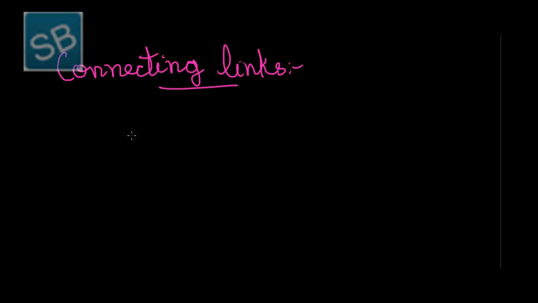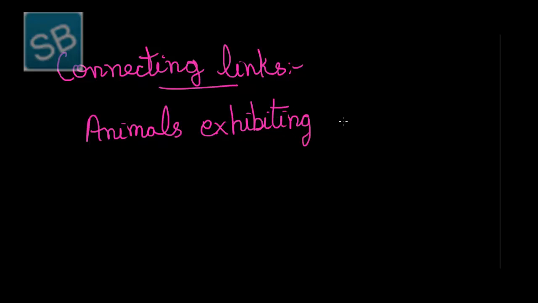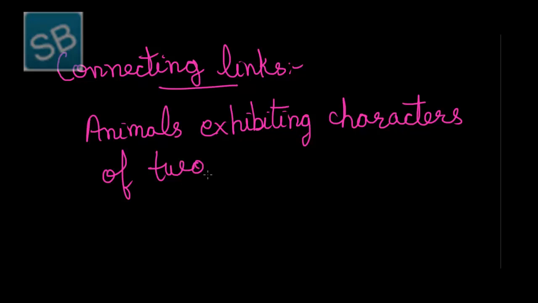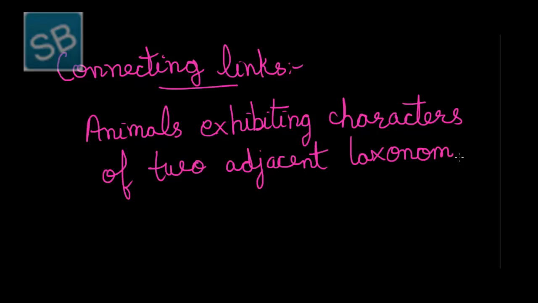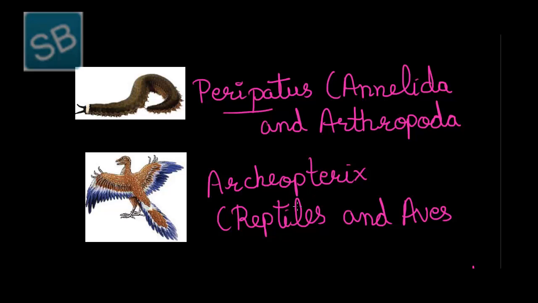In such a link, animals exhibit characters of two adjacent taxonomic groups, and can be considered a connecting link between those two groups. These are a few examples of connecting links.